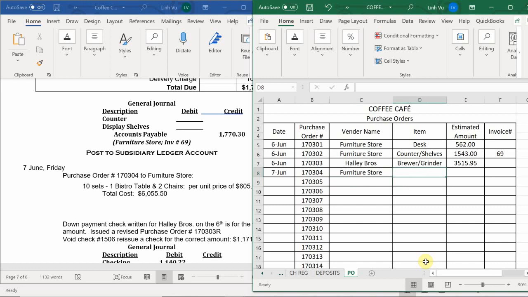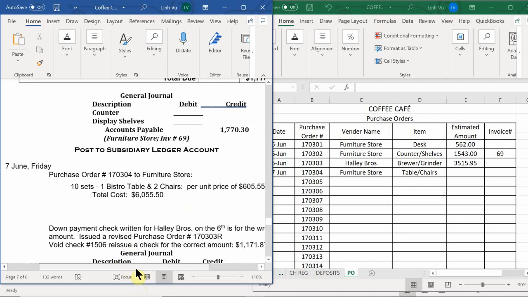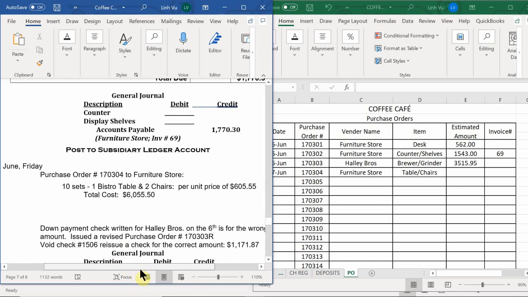A table, 10 sets, one bistro table and 2 chairs. Okay. So that's all we ordered. We didn't buy it yet. We didn't pay for it. We don't know what the full amount is because we're just simply ordering it. We could be charged. Total cost is $6,055, no?